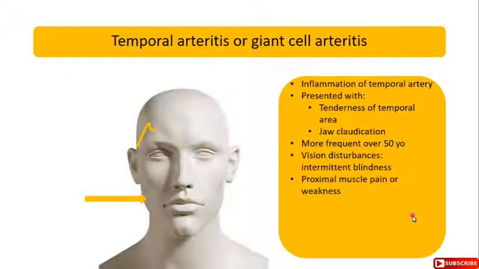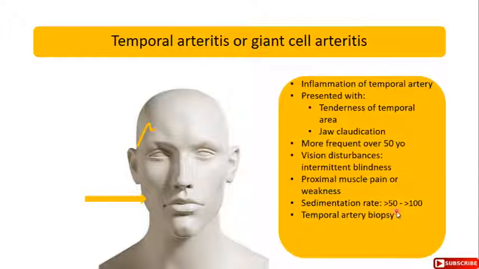Also, some things associated with this kind of headache are proximal muscle pain, or you can also have weakness. For the diagnosis, you can find the sedimentation rate above 50, or even over 100.